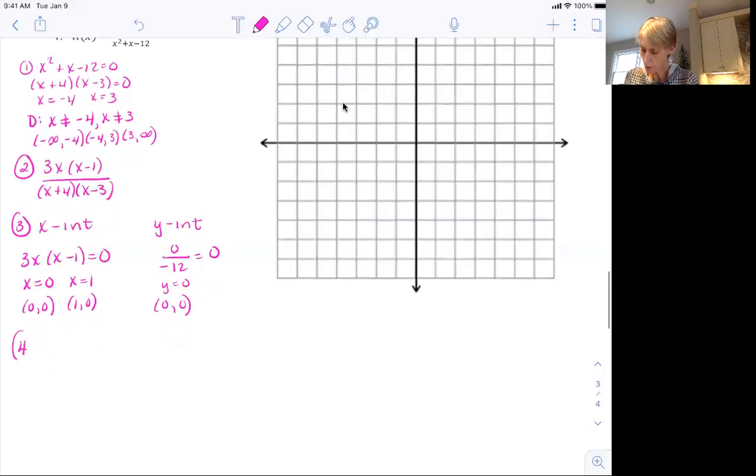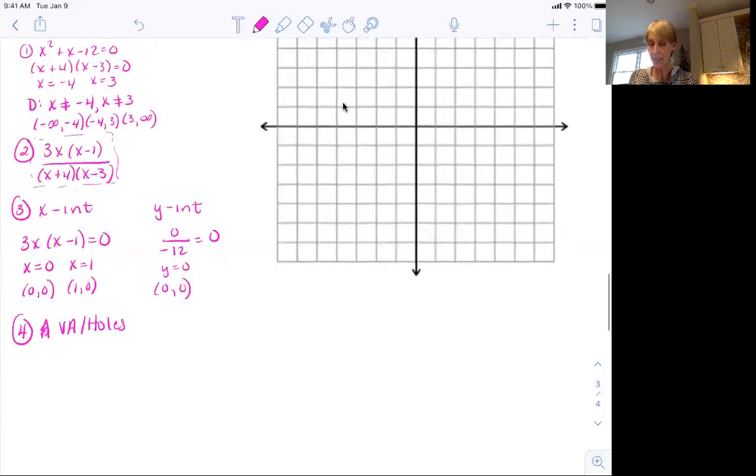Vertical asymptotes or holes. How do we determine these again? We go and look at our factored form, and we look to see if any of the factors cancel. If a factor does not cancel, then that factor gives us the vertical asymptote. So the restricted value is our vertical asymptote.